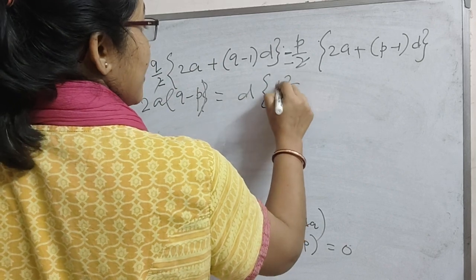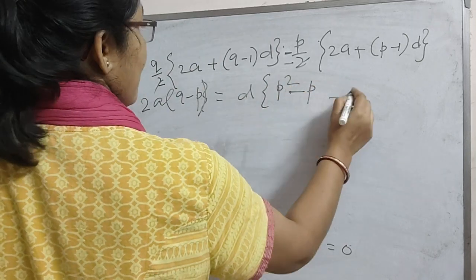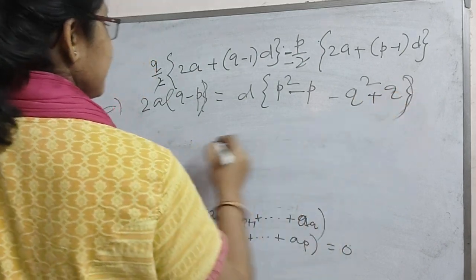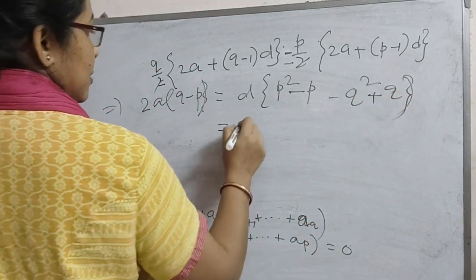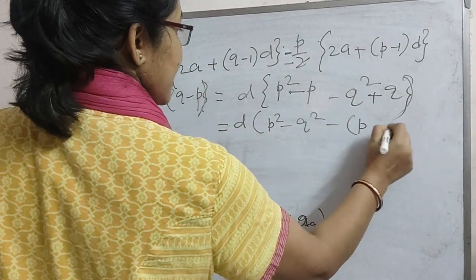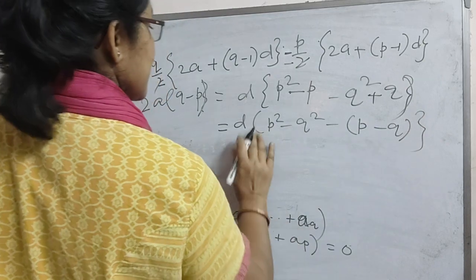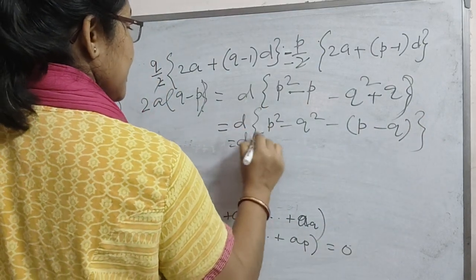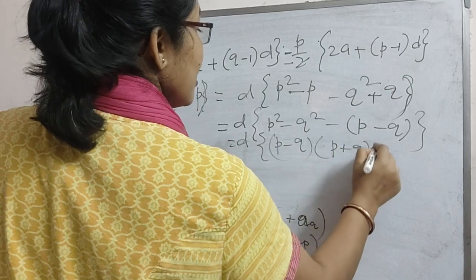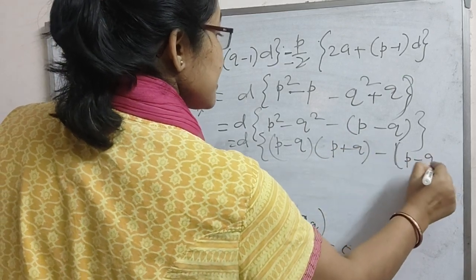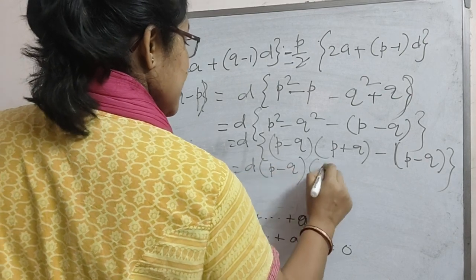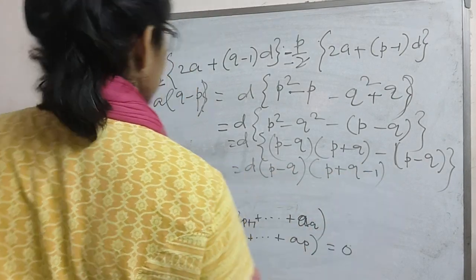(Q square minus Q minus P square plus P) equals 0. That is D into ((Q square minus P square) minus (Q minus P)), which is D into (Q minus P) into (P plus Q minus 1).